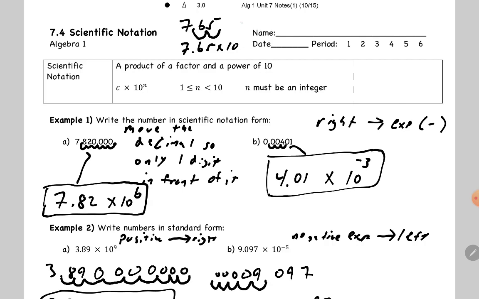If we move to the left to create our scientific notation, then the exponent is positive. If we have to move it to the right, then we make the exponent negative.